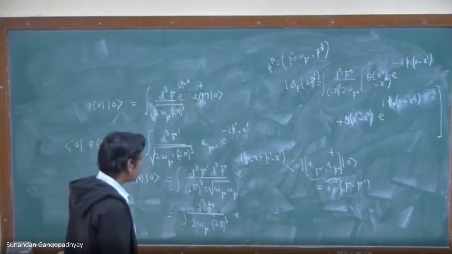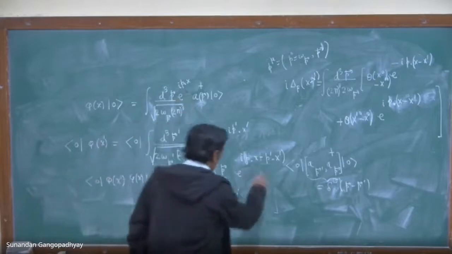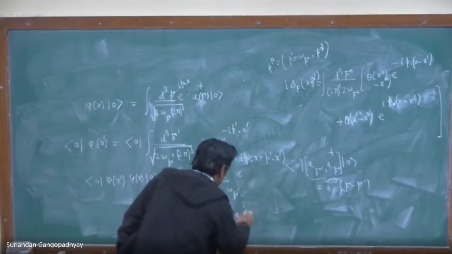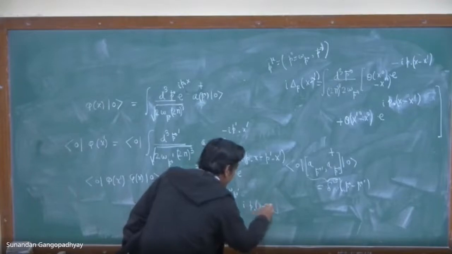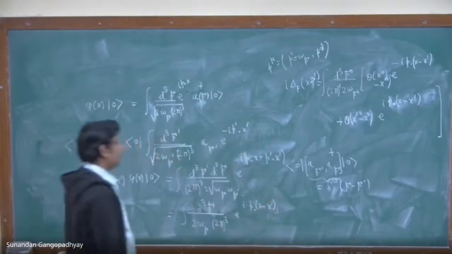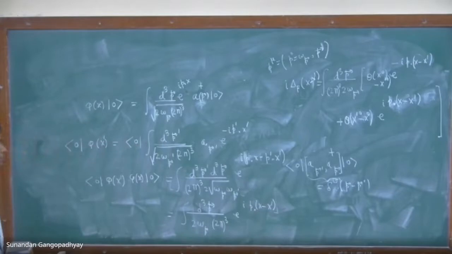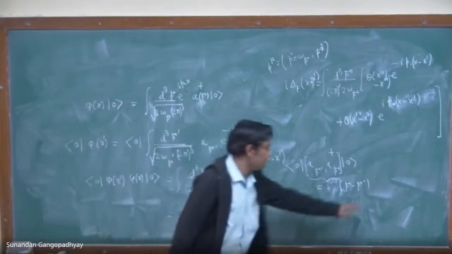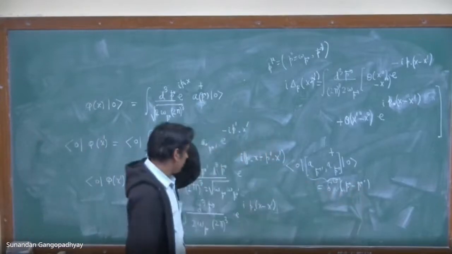Therefore, we can write this down. So what we find is this vacuum expectation value is nothing but this quantity. Is it okay? So this thing is given by this expression, and okay, this is fine.